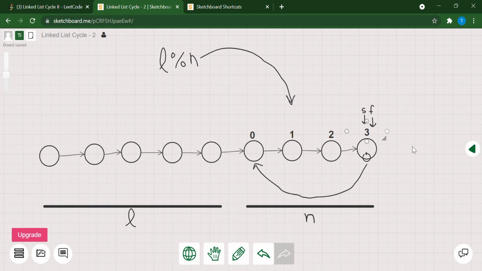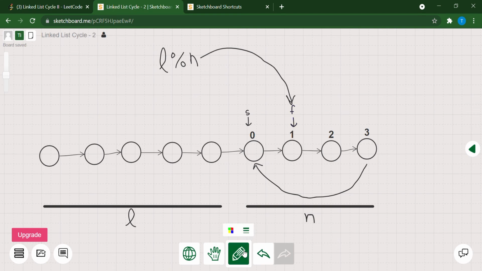And this 3 was actually the number of iterations that I had to run Floyd's algorithm for after the slow pointer had reached the start of the cycle, right? So what the 3 basically is in terms of L and n would be how far the fast pointer is from the slow pointer, if I take it like this.